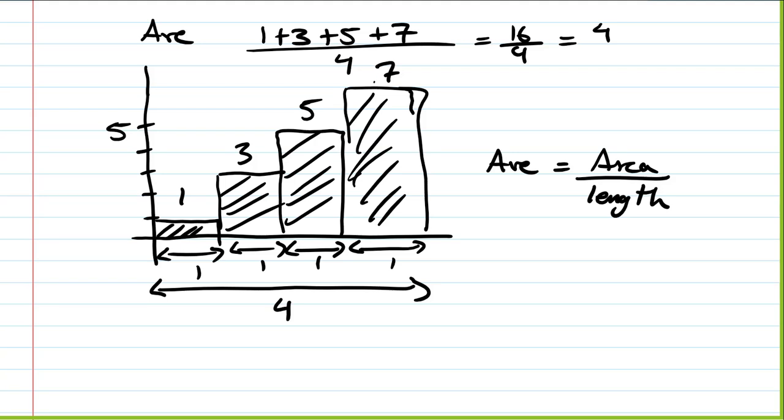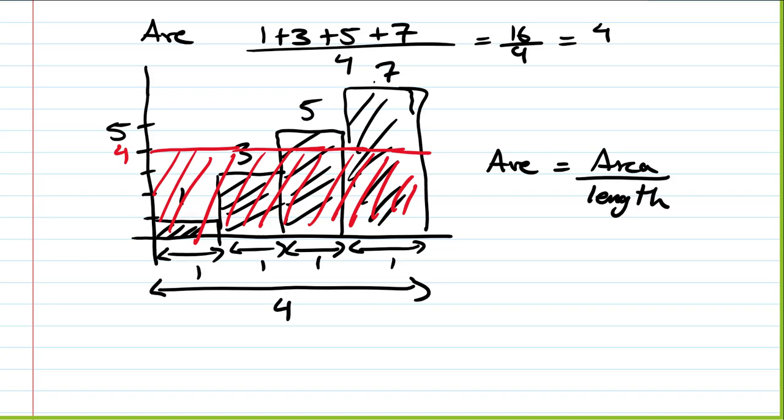Well, in terms of a picture, what would that represent? Well, we got that our average value was 4. What that would represent is geometrically the average: if we multiply both sides of that equation by length, the average times the length has to equal the total area.